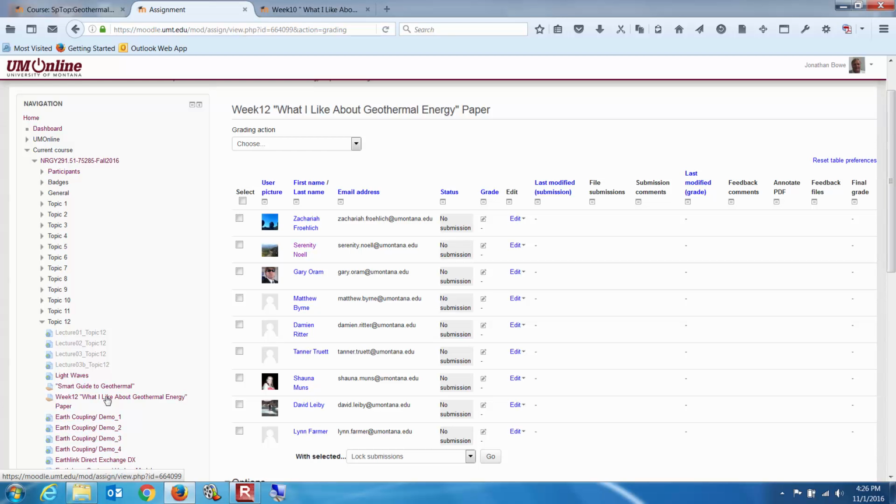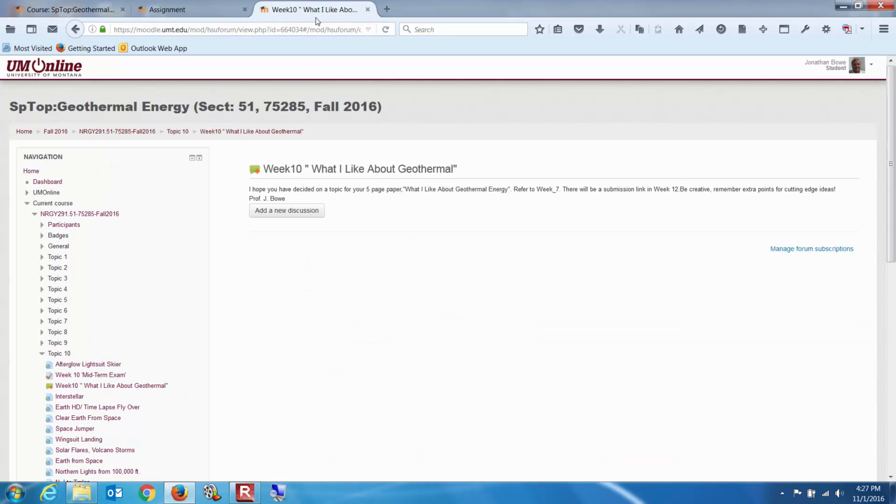And then we have week 12. This is the submission week, so it's out there in week 12. What I like about geothermal energy paper. If you look at week 10, where we're at right now, what I like about geothermal. I hope you have decided on a topic for your 5-page paper, what I like about geothermal energy.